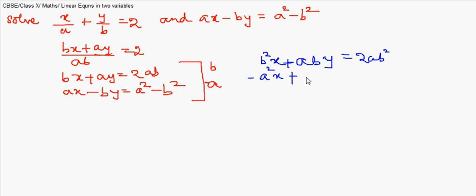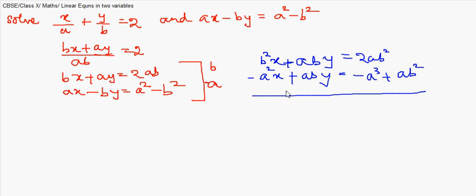So it is aby. This equals, if I multiply a minus a, that gives me minus a cube plus ab square. Now changing the signs.